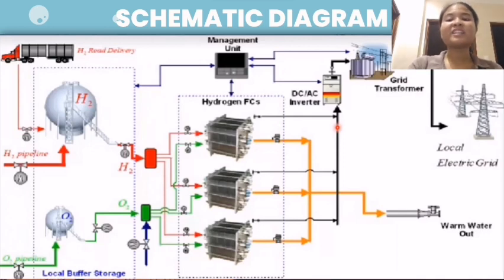So, para ma-achieve natin yung great amount of output within around 1,000 hydrogen fuel cells within the hydrogen power plant, during the operation, the product of the hydrogen fuel cell is water. So, kumbaga, nilalabas nun is water kasi this is just a clean substance that doesn't cause any pollution.